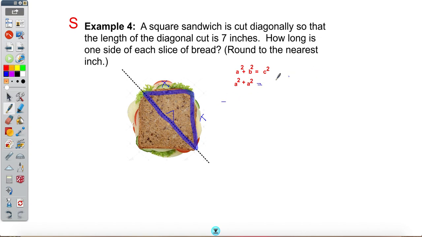and we know that 7 squared is 49. So I'm just going to write that in right away so that I get rid of that squared part in our answer. A squared plus a squared is 2a squared.